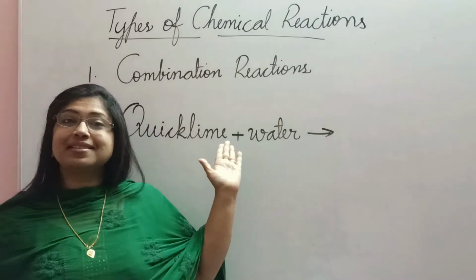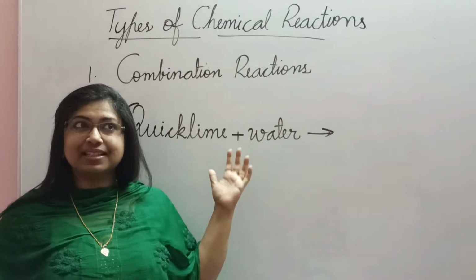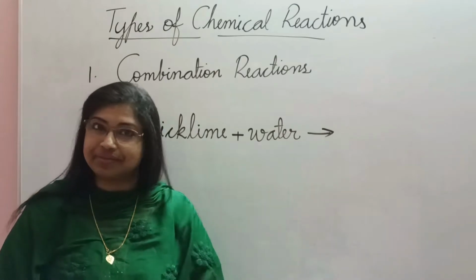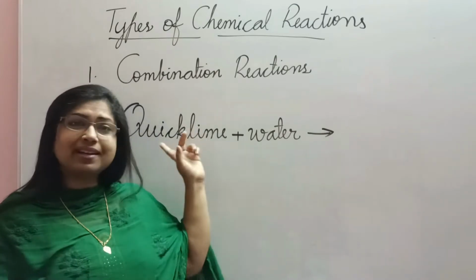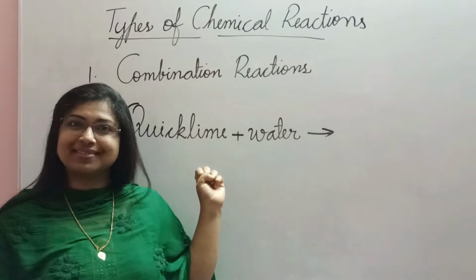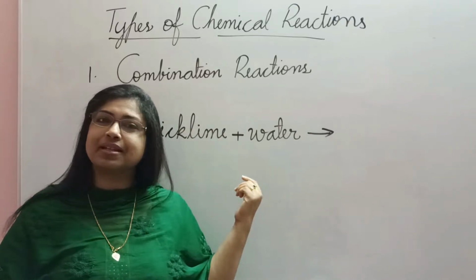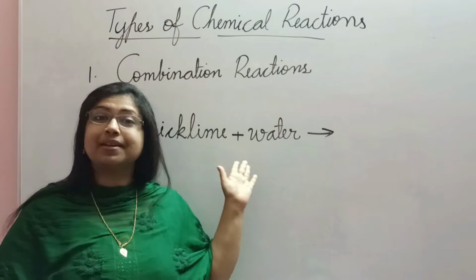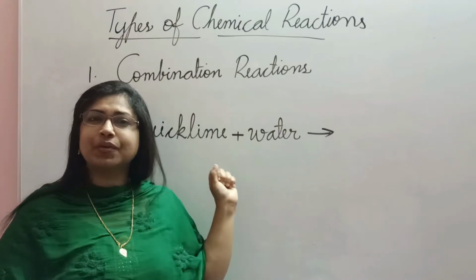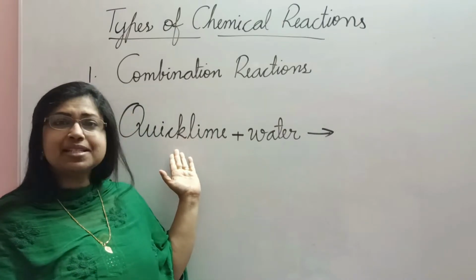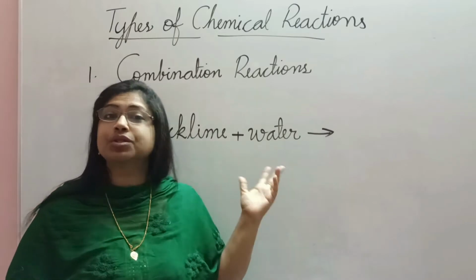Now, this reaction is a special reaction. It has a lot of applications in our daily life. Quicklime is a special chemical. It's a common chemical found in our surroundings. We can easily prepare it. Now, what is quicklime? It is one of the oldest chemicals known to human beings.